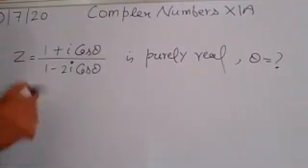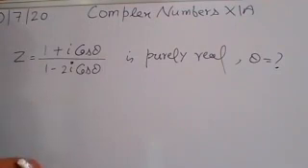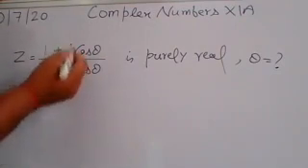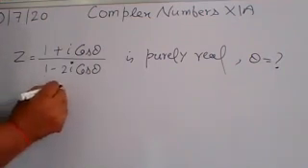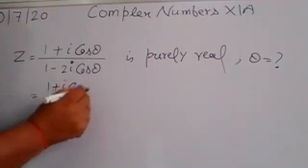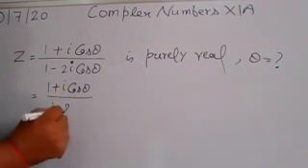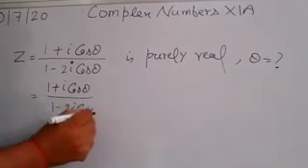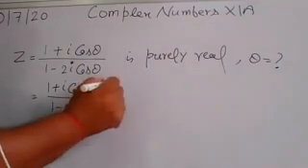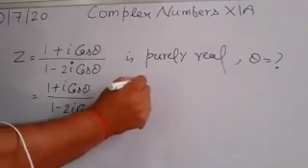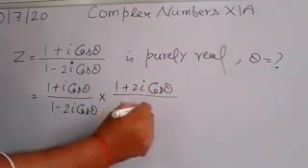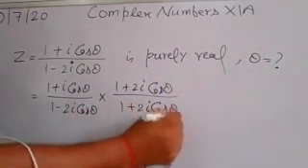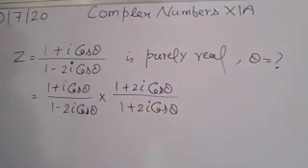First of all, you try to reduce it to standard form, in the form of a + ib. So you take the conjugate: multiply (1 + i cos θ)/(1 − 2i cos θ) by (1 + 2i cos θ)/(1 + 2i cos θ).